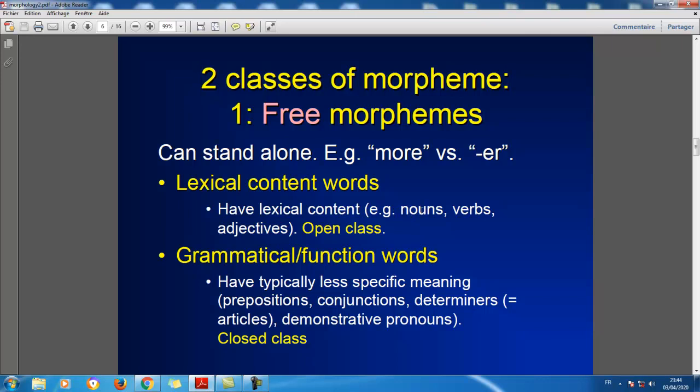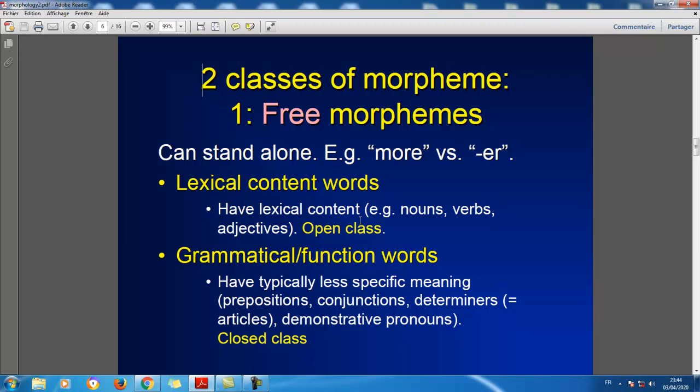Here we are talking about nouns, verbs, adjectives. They form open classes. What is meant by an open class?